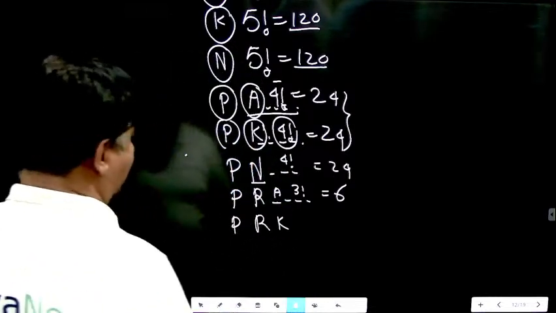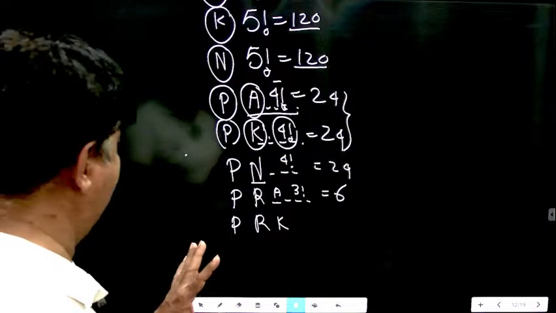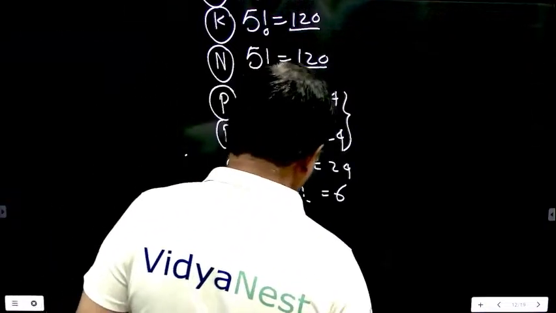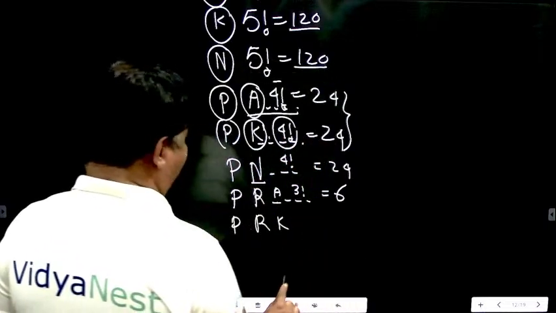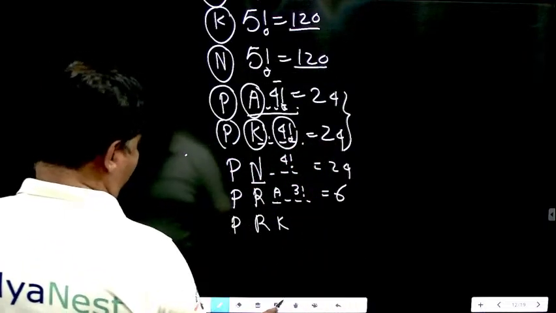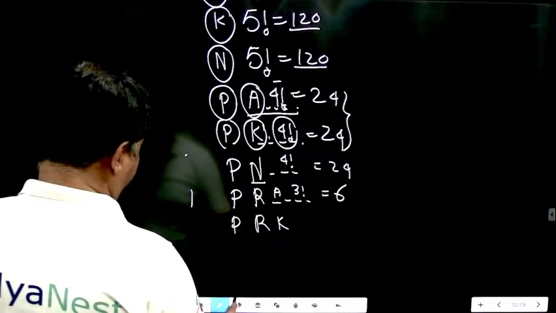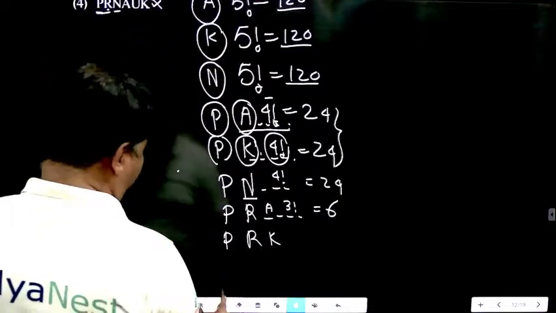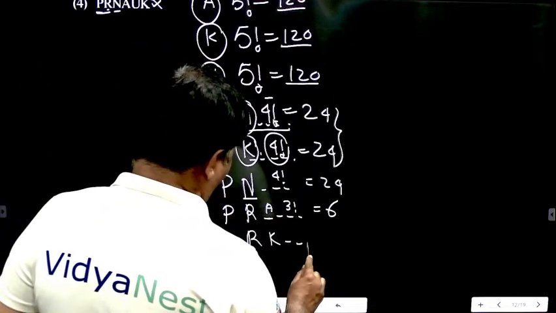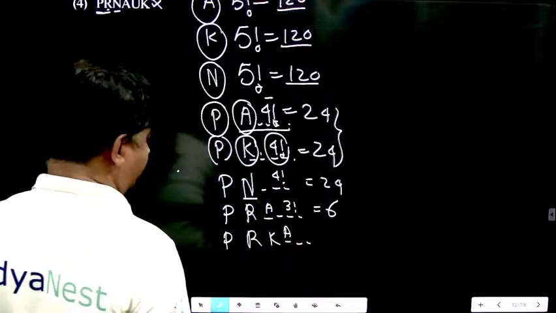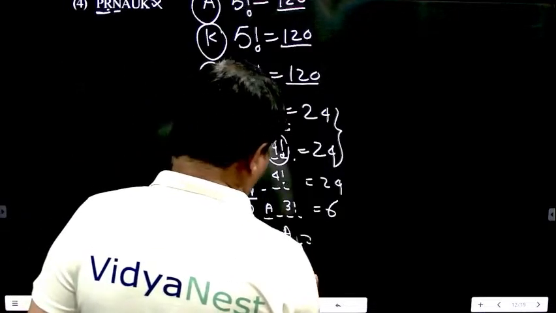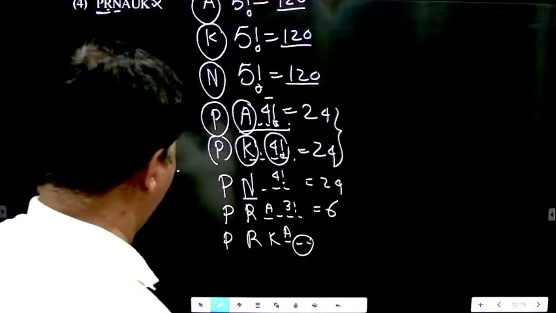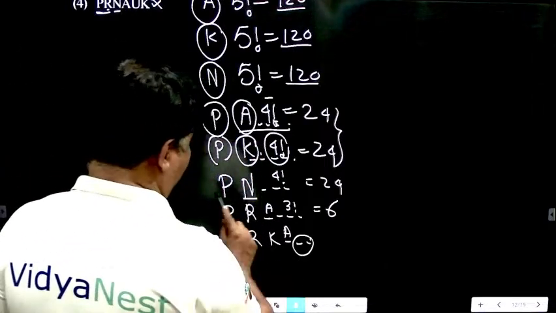Now once you get P R K, then the next place should again be occupied by A, and once you fix A, then how many elements are still left?